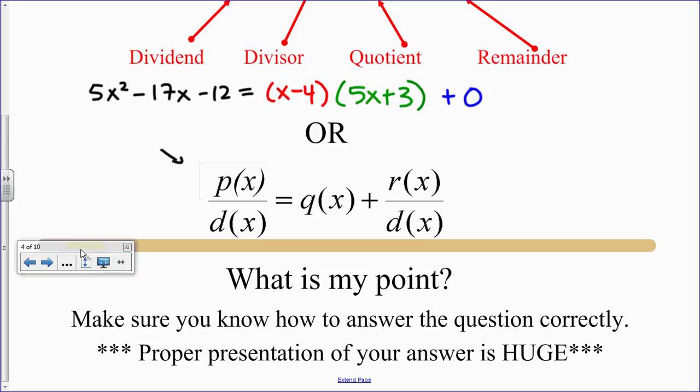Like, why are you doing it? What did you answer? You can do the process, but what does that process mean? That part comes in on how you present your answer. Okay? So it makes sense to say that x minus 4 times 5x plus 3 equals this answer. Right? That's what you found.